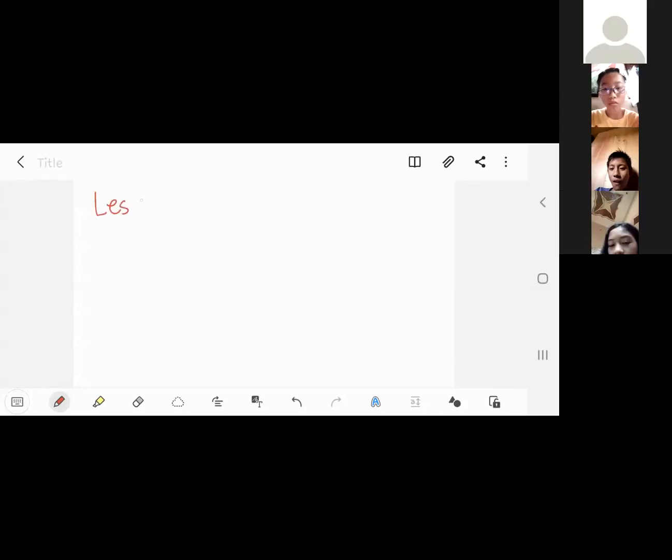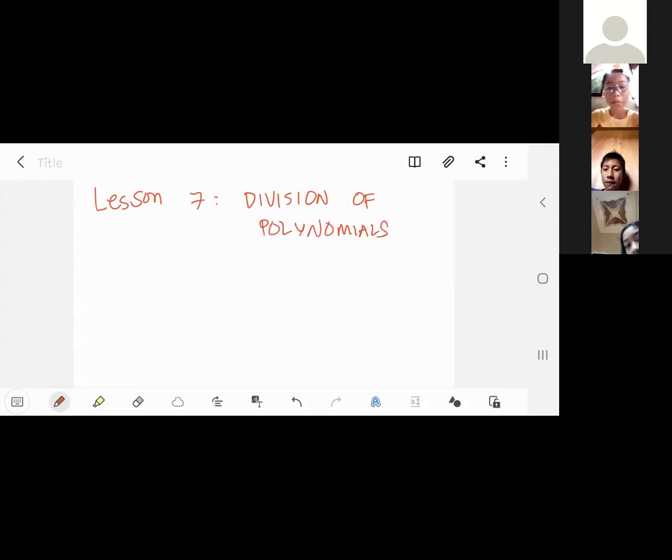Okay, there is a rule in division of polynomials, and that is basically coming out from bases and exponents, which was discussed already in lesson 5. So when you divide exponents with the same base, you are going to what?